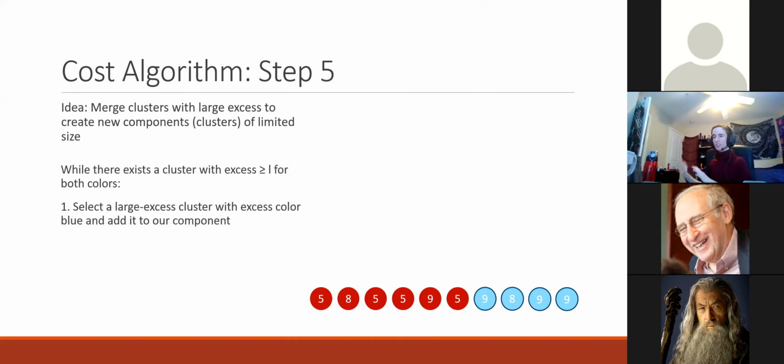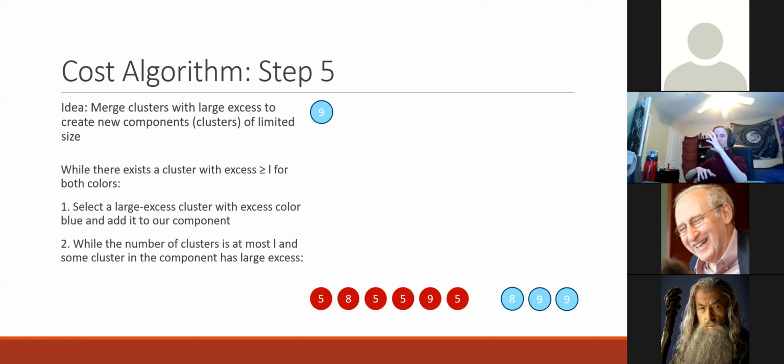Okay, so as long as this is true, we start a new component by selecting a large excess blue cluster. We take one of our blue points on the right, and we use it to start constructing what we'll call a component that will merge a bunch of clusters together. So we take our blue point and put it up there.